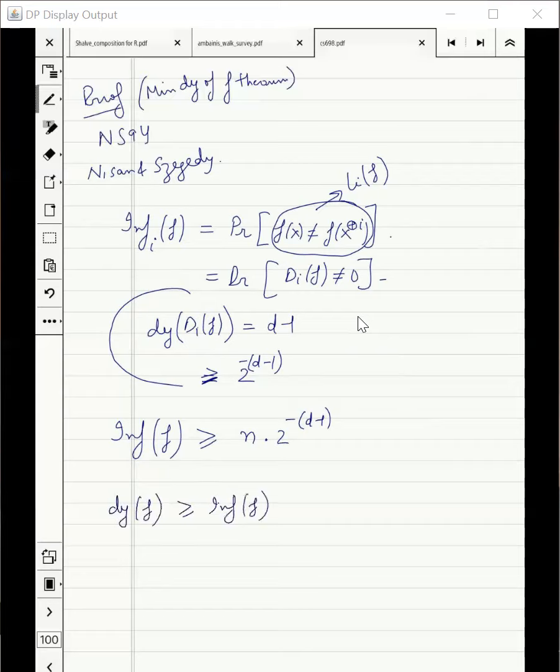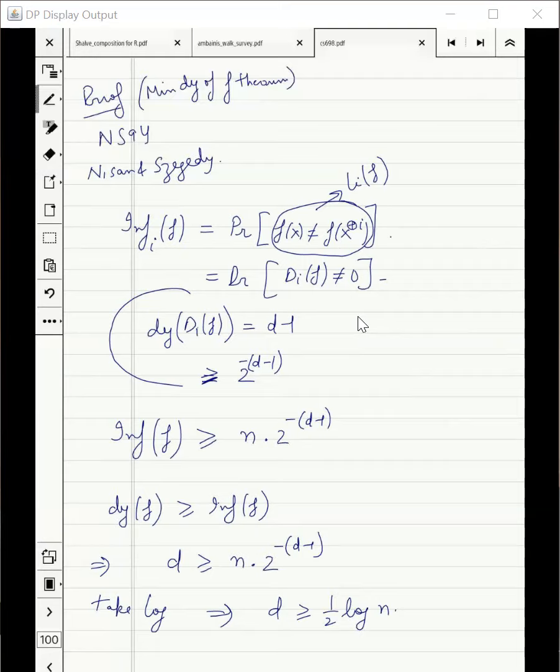This was the first idea. This implies D is greater than n times 2 to the power minus D. You can take log and you will see that D is bigger than half log n. Okay, you can look at the notes also. It's not so difficult.